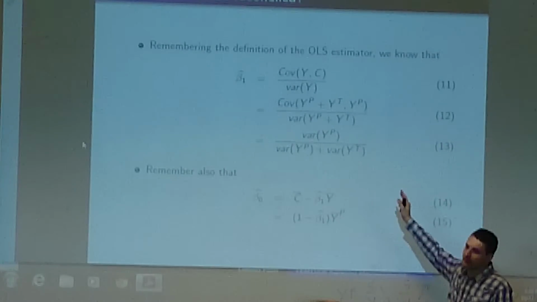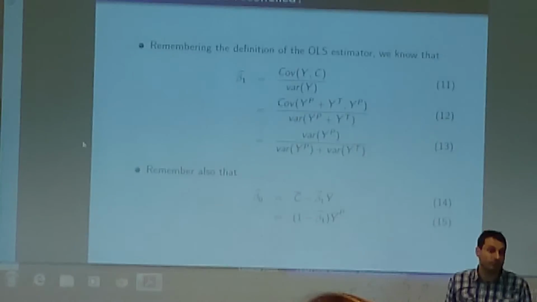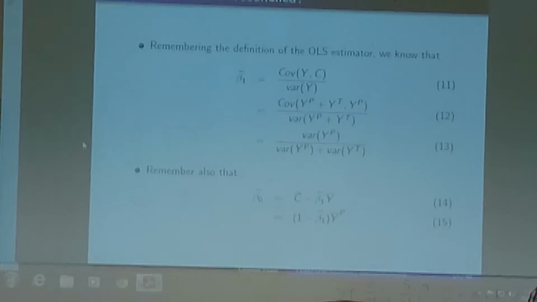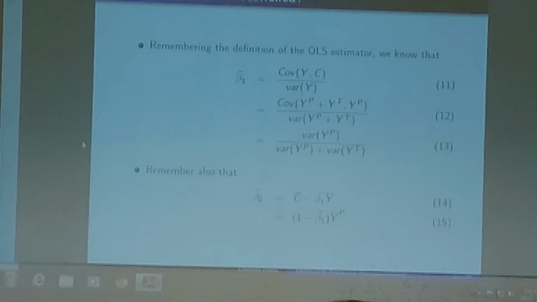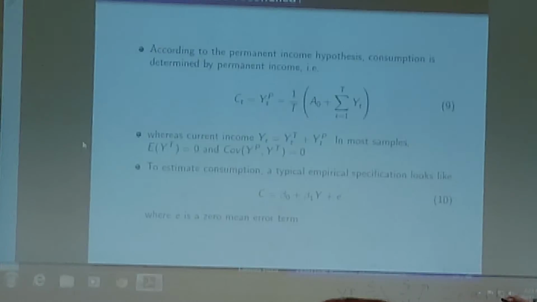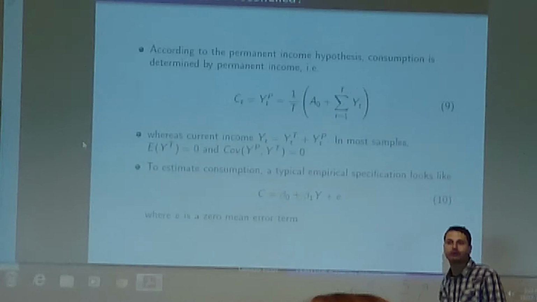Now it will become clearer, I hope, when I first discuss the OLS estimator of beta. What is typically the OLS estimator of beta in such a regression equation? It's the covariance between y and c divided by the variance of y.